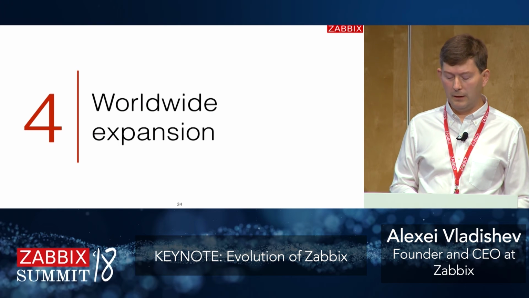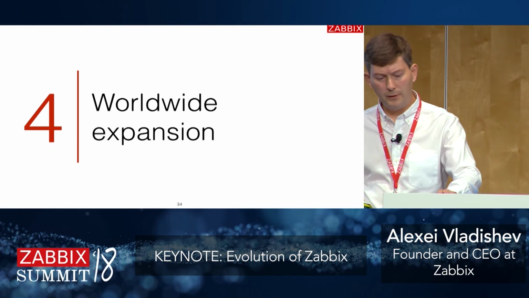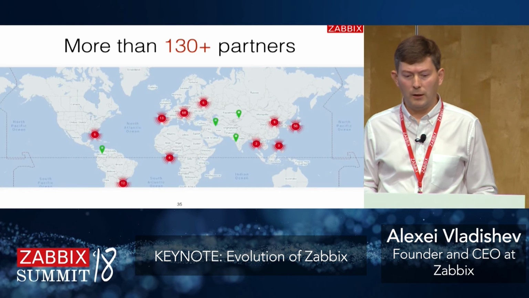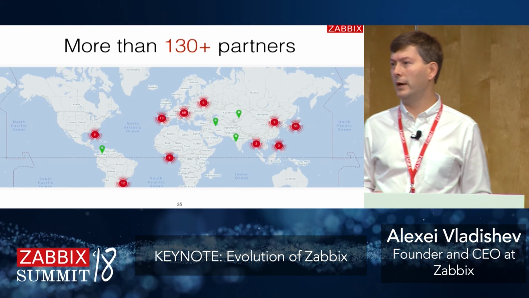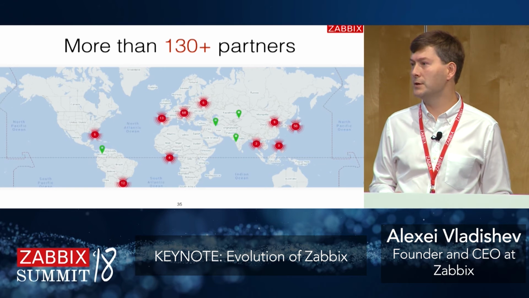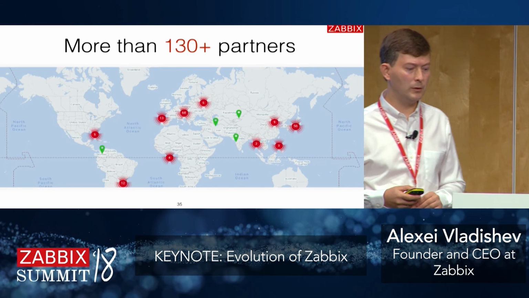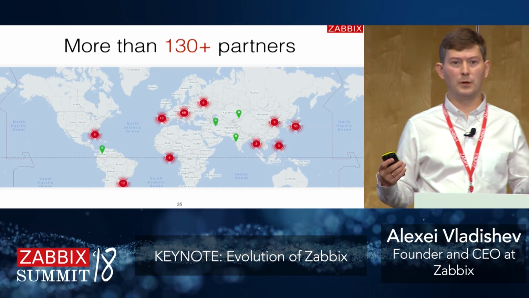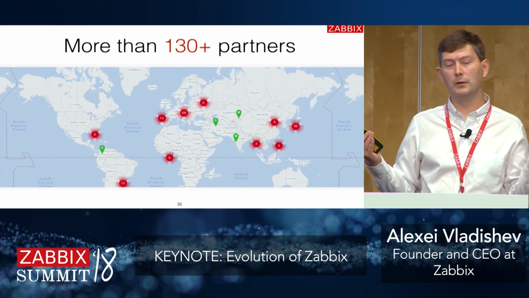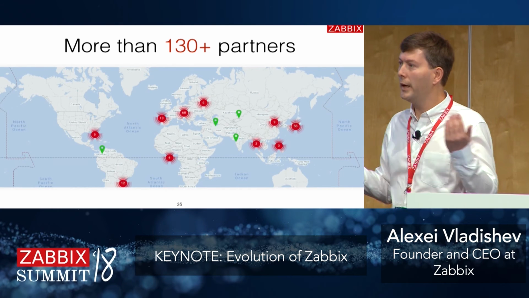And a few words about worldwide expansion. I also have a few announcements here. As you probably know, at this moment we have more than 130 partners, and I really appreciate our cooperation with the partners, which is a kind of two-way cooperation.